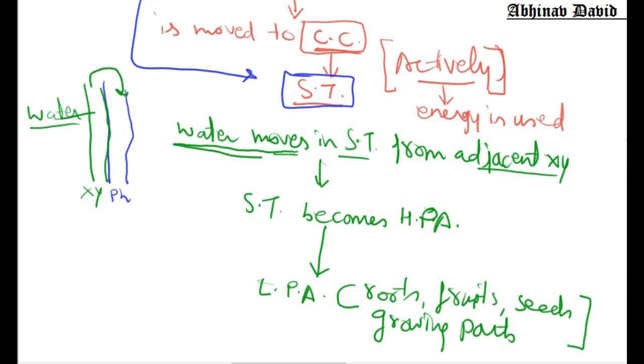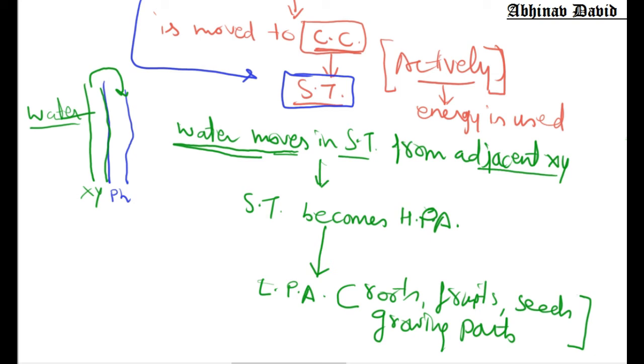Now sieve tube already contains water. So whenever the sucrose is coming there, what will happen? The sucrose will get dissolved in the water, and you have learnt in the previous class that when anything gets dissolved in the water, water concentration always decreases. So the water concentration decreases in the sieve tubes.